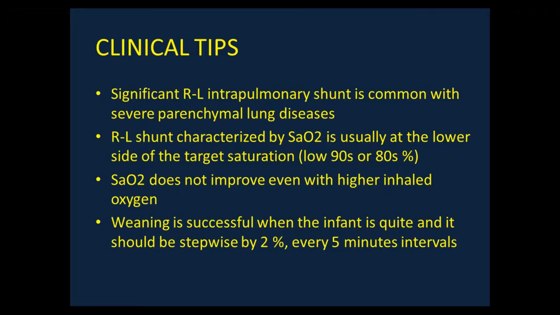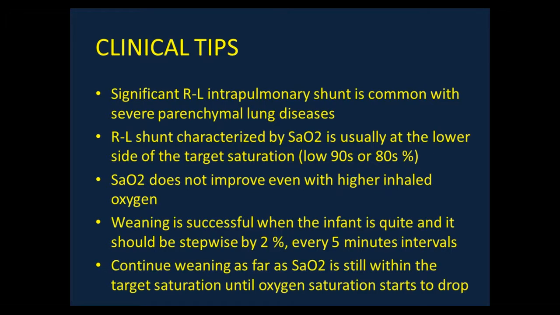So if you have an infant inhaling a high oxygen fraction and you apply oxygen reduction with good response, so you can reduce oxygen to a significant level from the basic level at the beginning of the test, this is consistent with the right to left shunt. Continue weaning as far as saturation is still within the target saturation, until oxygen saturation starts to drop further below the target saturation.